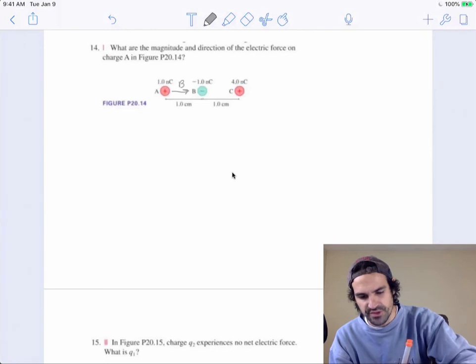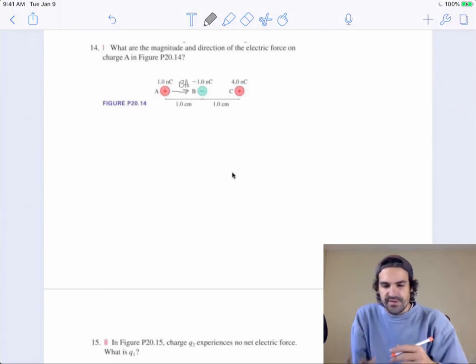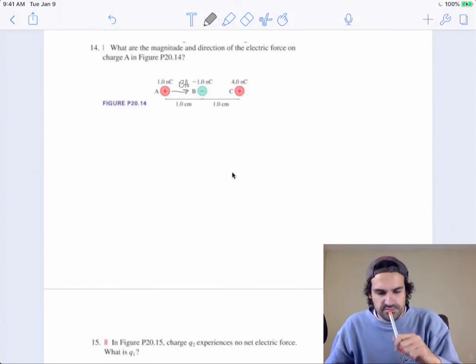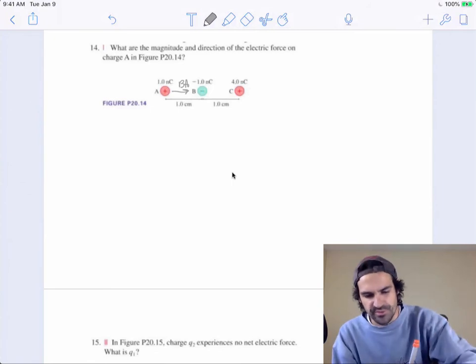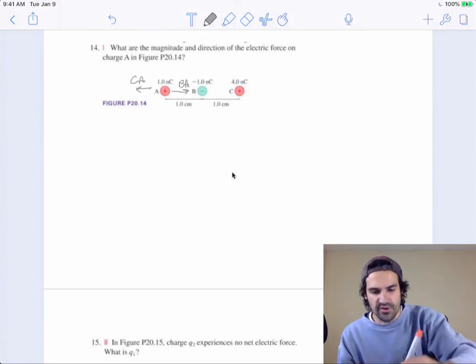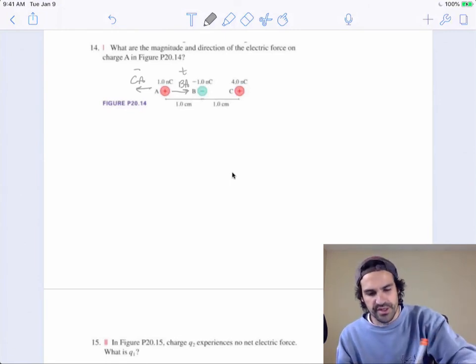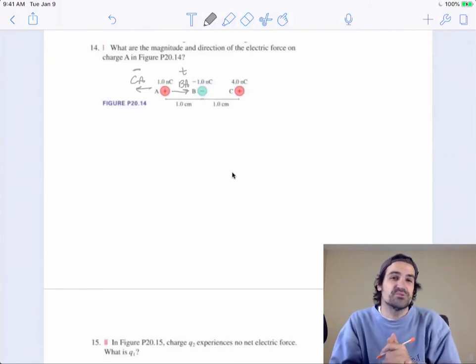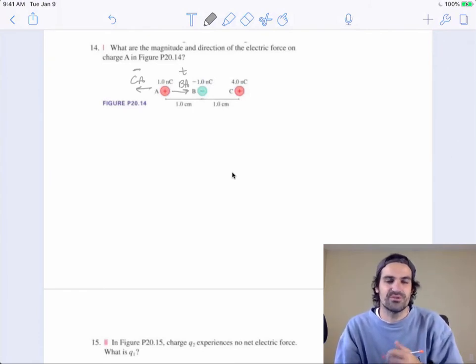So the electric force of B on A is going to be towards the right. C and A are both positive, which means they're going to be repelling. So C on A is going to be towards the left. So I am going to have a positive force to the right, a negative force to the left. Keep in mind, I'm going to do absolute values with all calculations as I'm working through this.